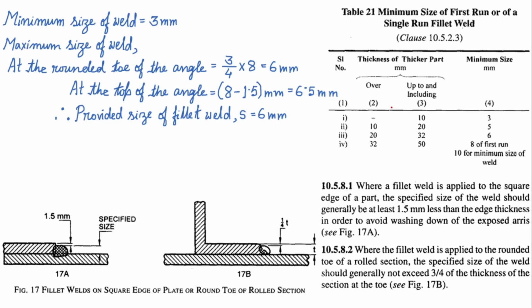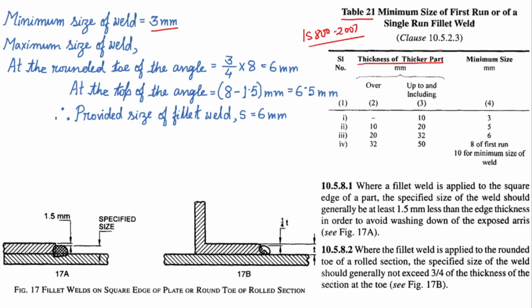Next, the minimum size of the weld. So minimum size of the weld is 3 mm. Why 3 mm? If I see the table number 21 of IS 800 2007, then thickness of the thicker part.